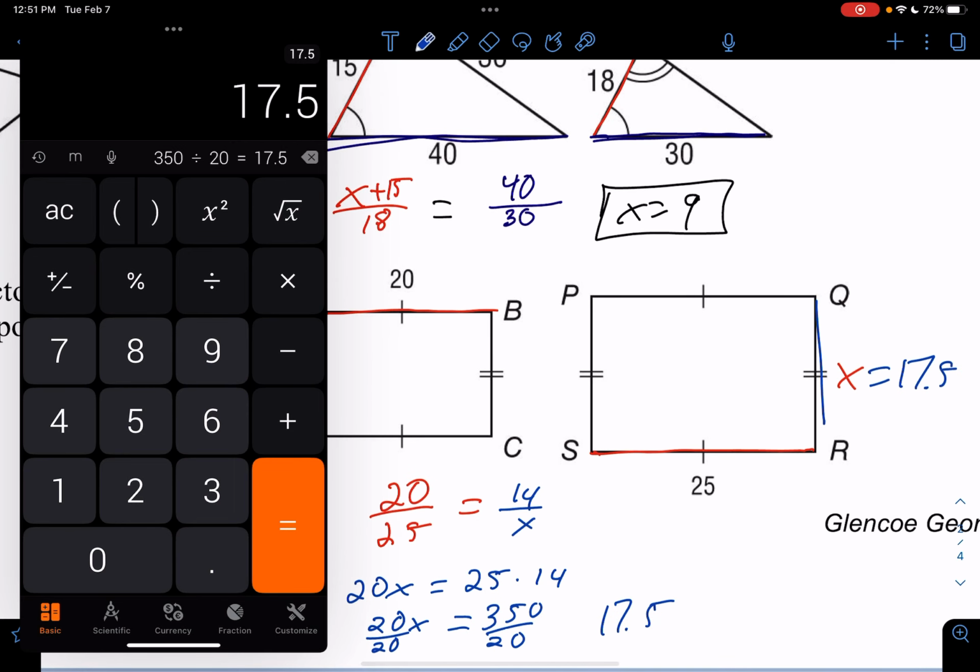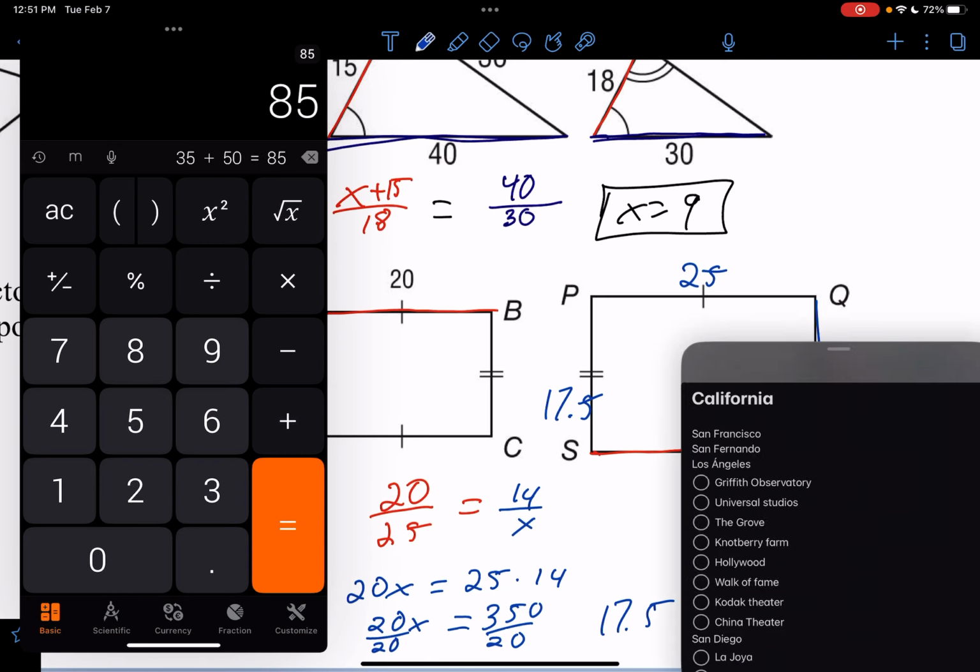So now you know what this is. This is 17.5. So now it's extremely easy to calculate the perimeter. 17.5 plus 17.5 plus 25 plus 25. I think I did something wrong here. Let's say 25, 17.5. Okay, so 17.5 times 2 plus 50, that equals 85. So this has a perimeter of 85.